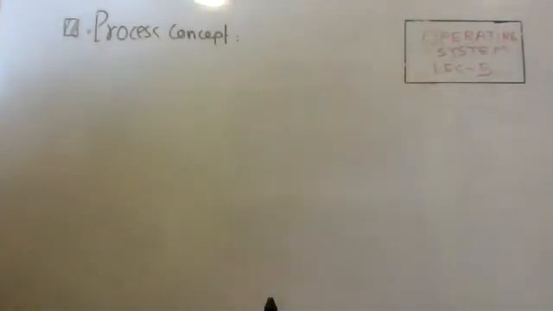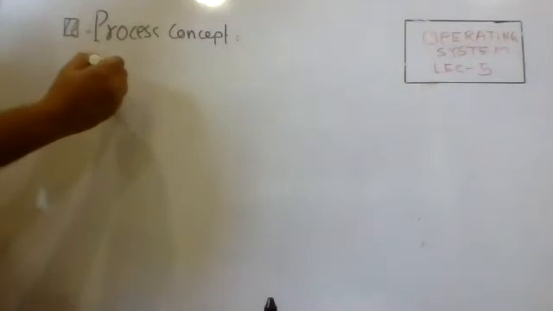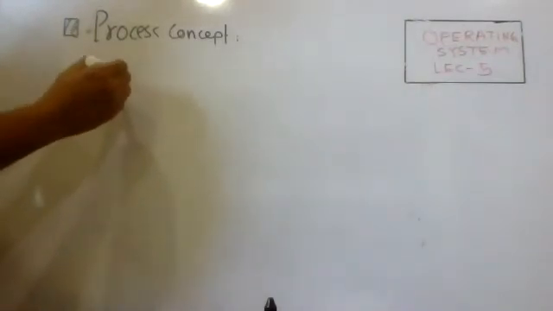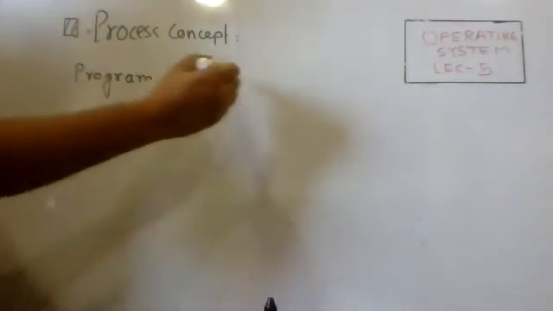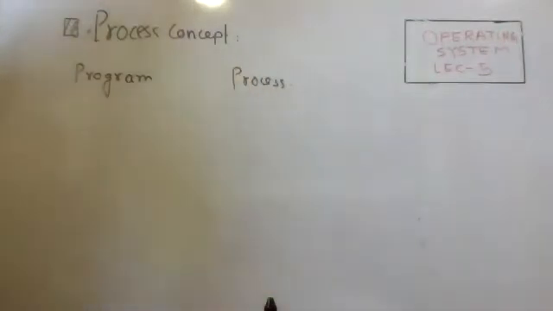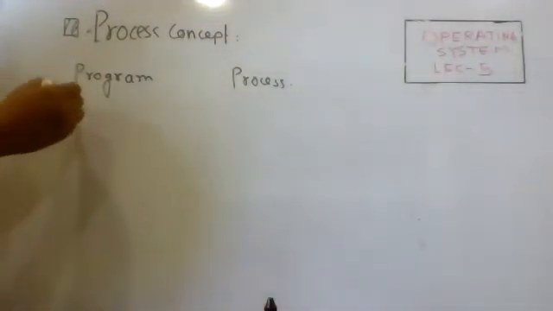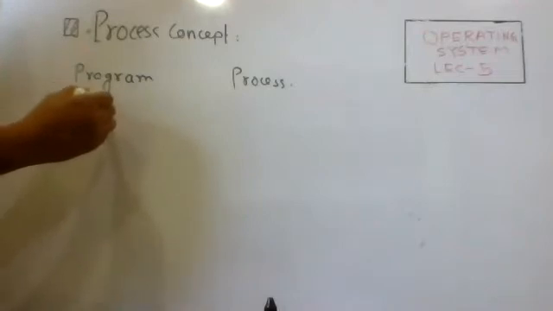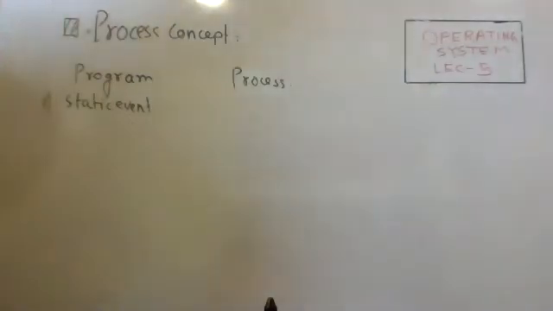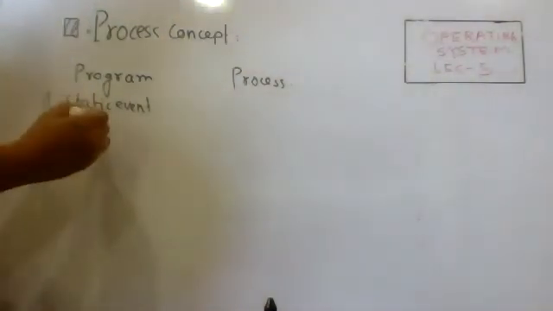What is the basic difference between program and process? So here we have program and here we have process. Actually, program is a static event, because it is loaded into secondary memory.